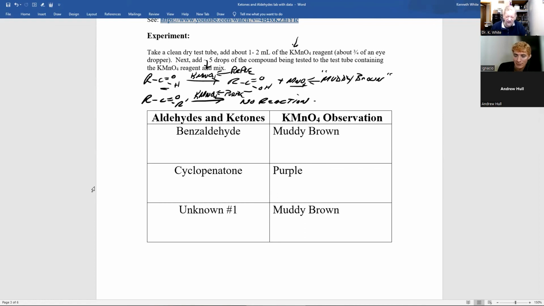You would mix it and find out the color changes to a muddy brown. Later on, you're asked to figure out what functional group is in unknown 1, and you use this knowledge up here to do that.